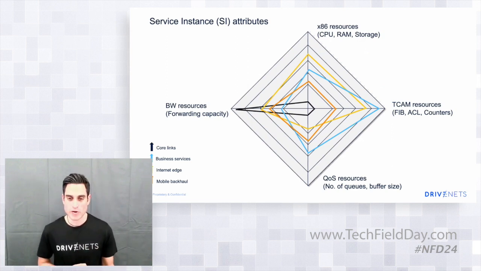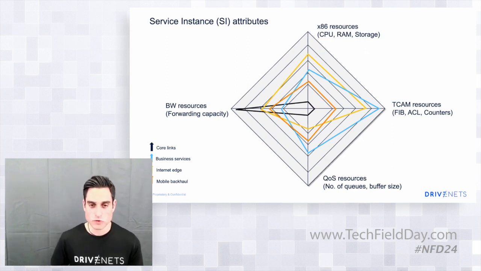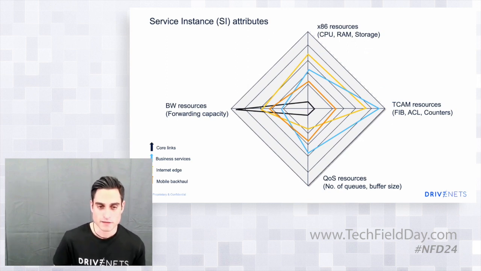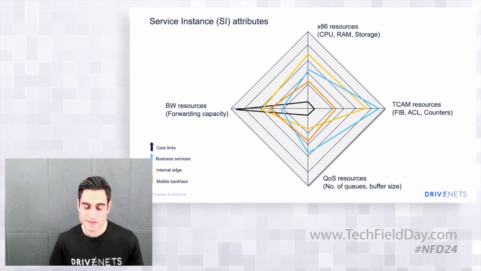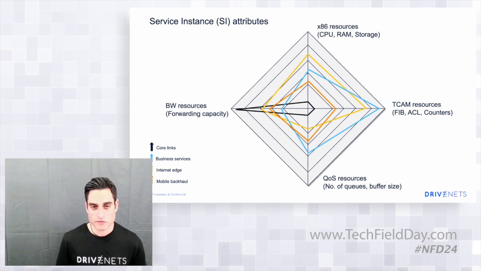So if we take a core router, for example, what's interesting to a core router or an aggregation router is almost usually the sheer bandwidth, the number of ports I'm using. But from other aspects, there is not a lot of BGP peering going on. The QoS policies are relatively lean. The route scale, usually it's an MPLS device, meaning that you're doing label switching or label insertion. You're not utilizing TCAM resources so much, and we have a large TCAM on the DriveNets devices. Therefore, a lot of the other resources are free.